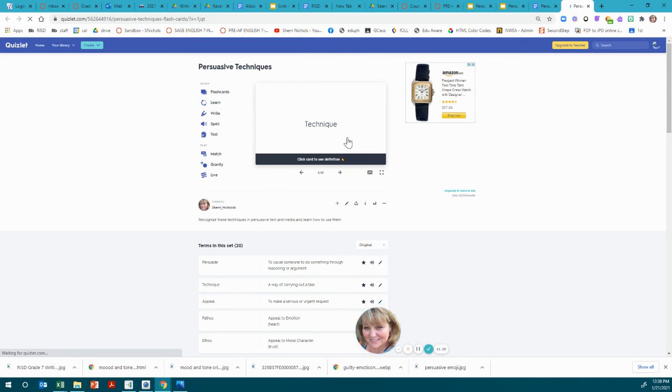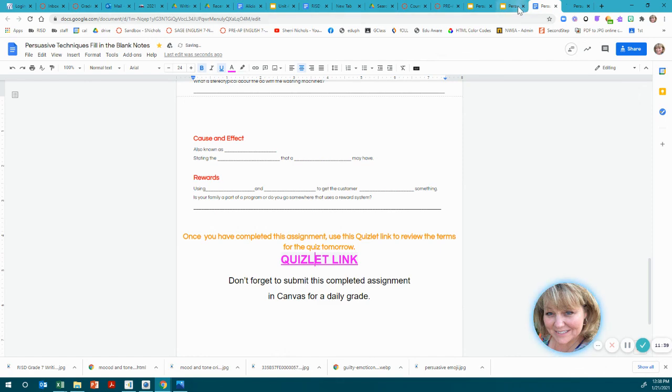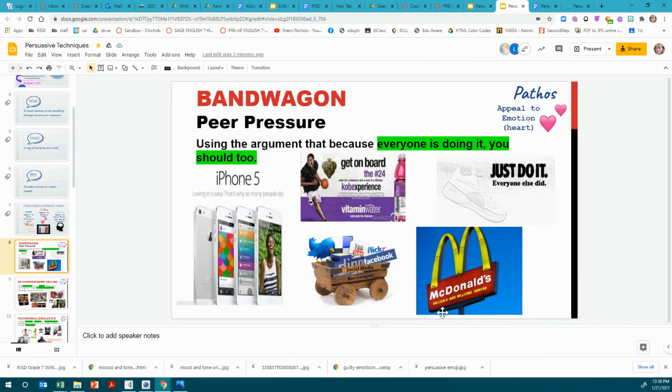Technique means the way that someone persuades someone. If you don't remember, then go ahead and click it and get the definition, a way of carrying out a task. All right, so that is how you can use these. And you can also use them in different ways, but use your Quizlet to study. And that is today's assignment.